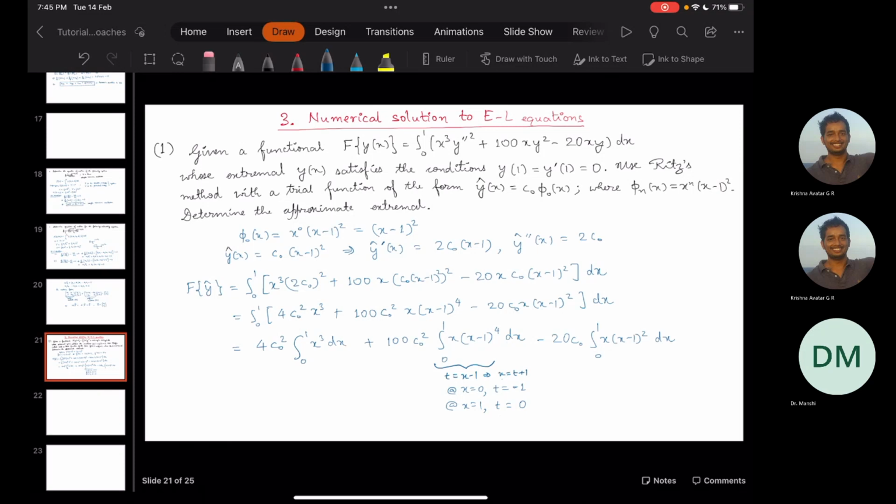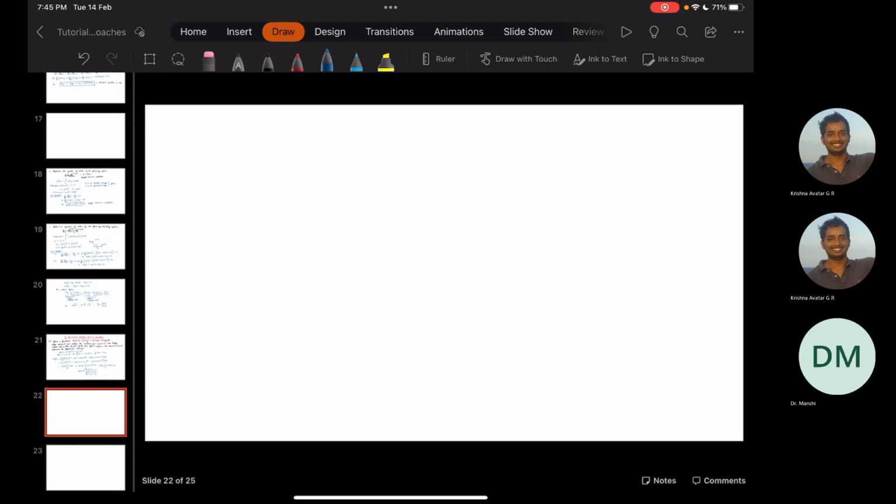And one more thing we can see from the substitution is that dt remains the same as dx. Let's move to the next slide to continue this.